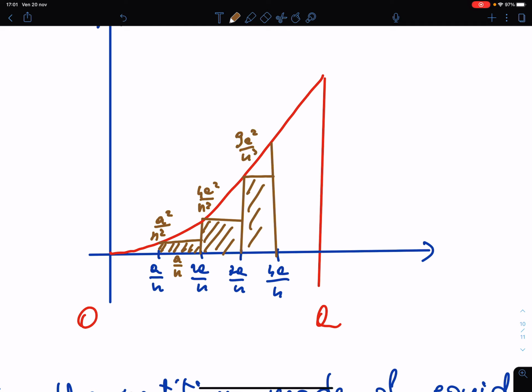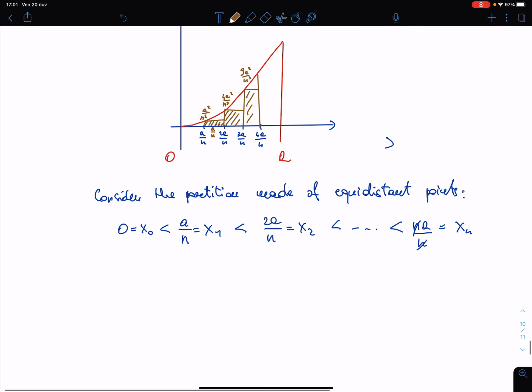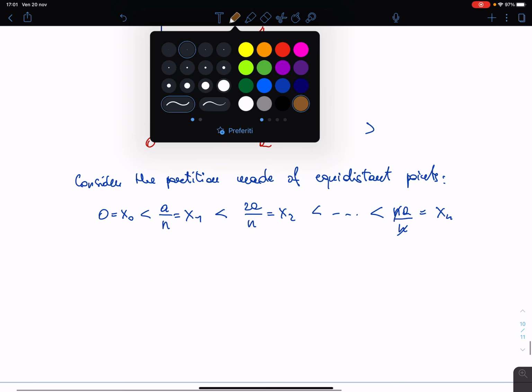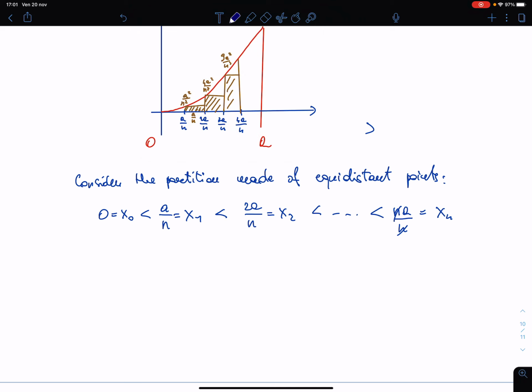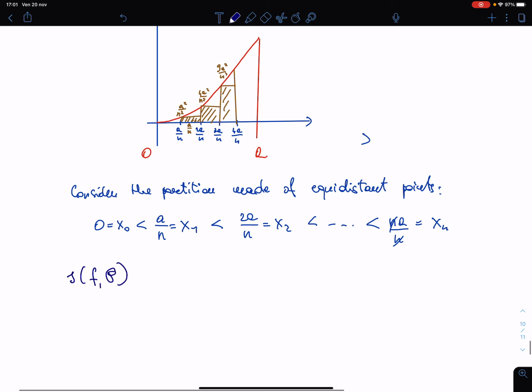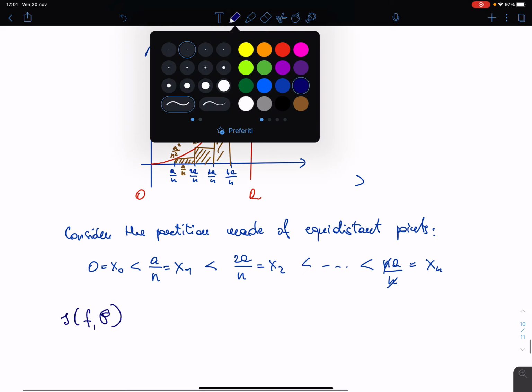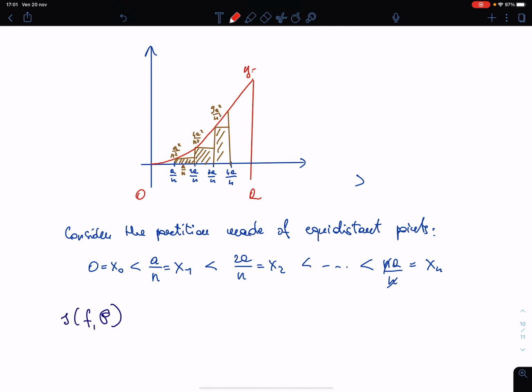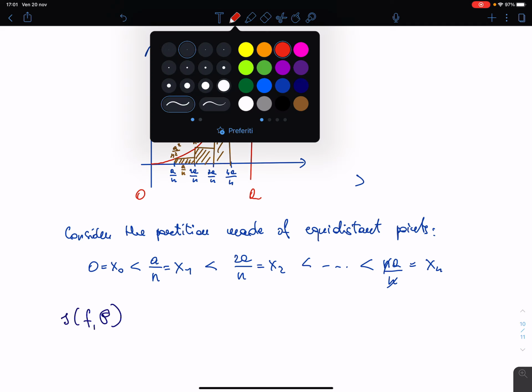So here we construct the lower sum, and from the computation it is immediate to say that s of the function f, p is, of course, I forgot to tell you, this is y equal to x squared between 0 and a. You understood, but I have to write it.